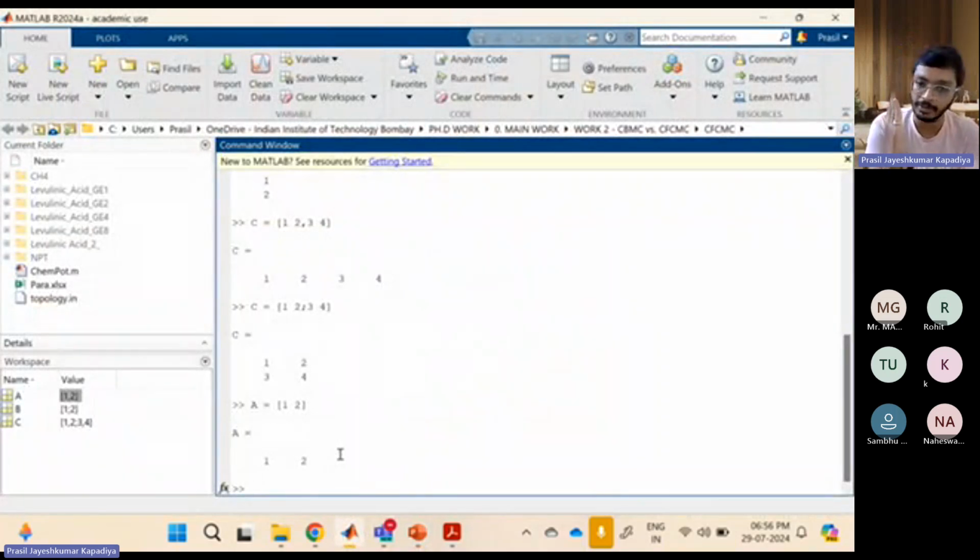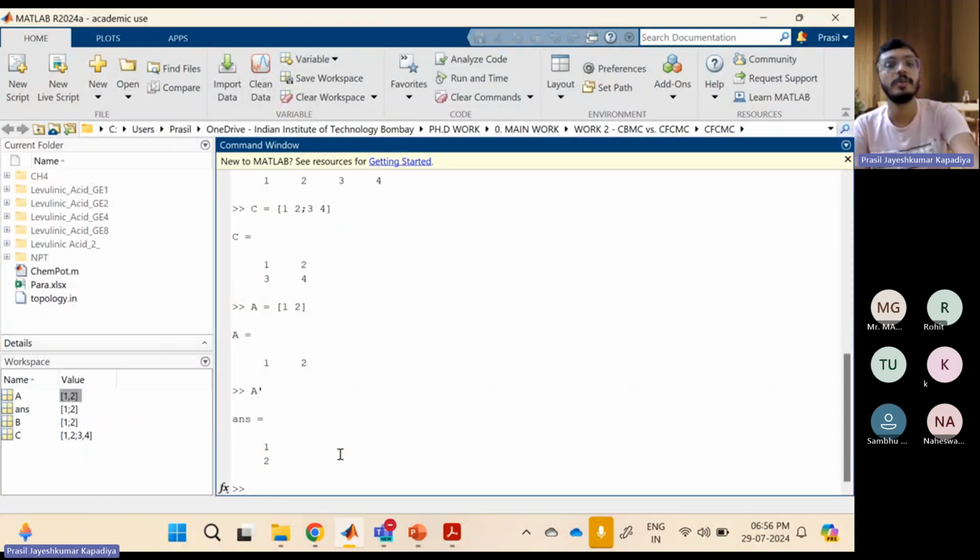All rows will be converted into columns, right? So my transpose is calculated by putting this symbol. This will give you the transpose of a matrix. Or you can also write the transpose function, this is an inbuilt function.